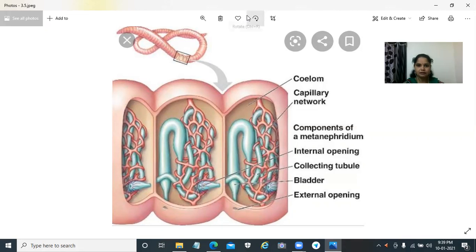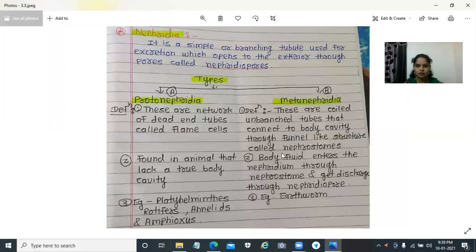This is found in an earthworm. The body fluid enters the nephridium through the nephrostome and is discharged through the nephridiopore, for example in the earthworm. So in lower organisms, two different kinds of nephridia are present: protonephridia and metanephridia. Protonephridia are found in Platyhelminthes, rotifers, some annelids and amphioxus, while metanephridia are found in the earthworm, that is annelids.